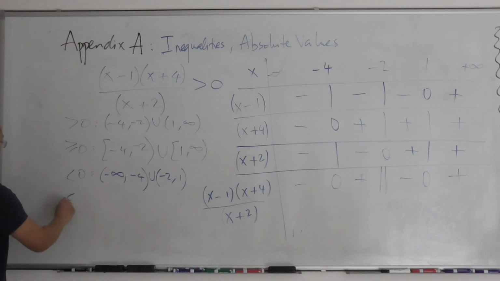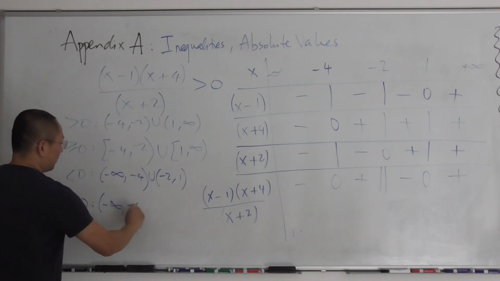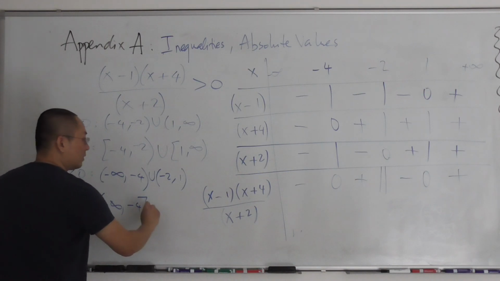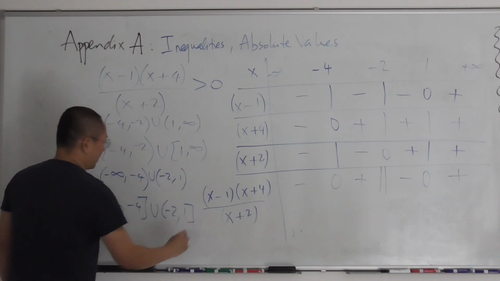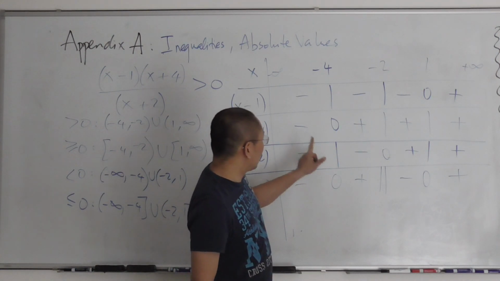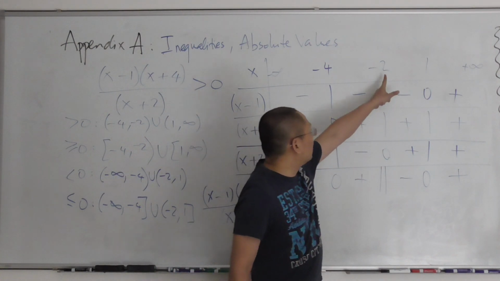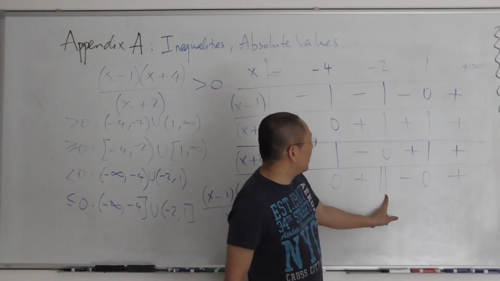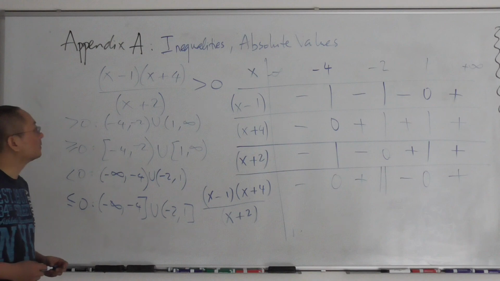Then less than or equal to 0, I got negative infinity to negative 4 bracket, union negative 2, I still have parentheses and then 1 square bracket, okay? Because no value right here. For negative infinity to negative 4, okay, including 0 right here. And then negative 2 to 1, not including negative 2, but including 1, parentheses, bracket, okay?